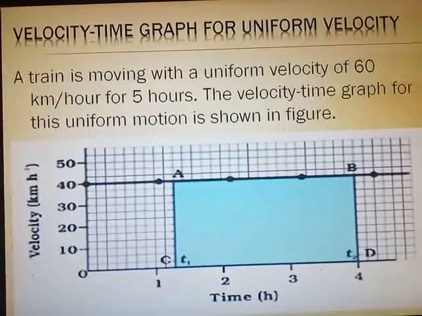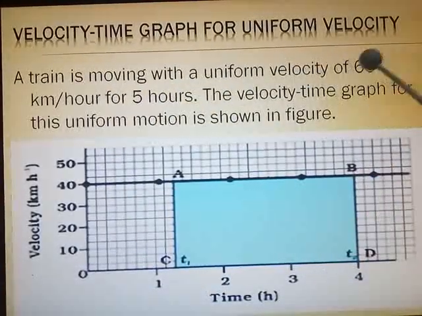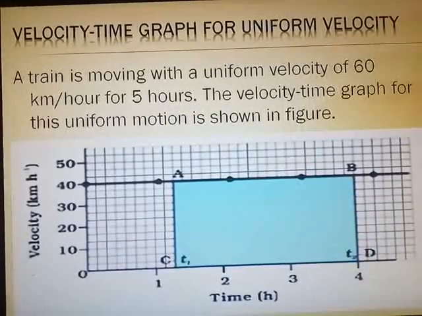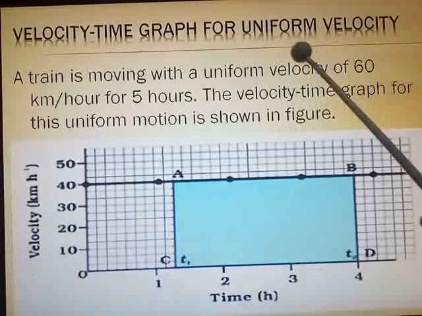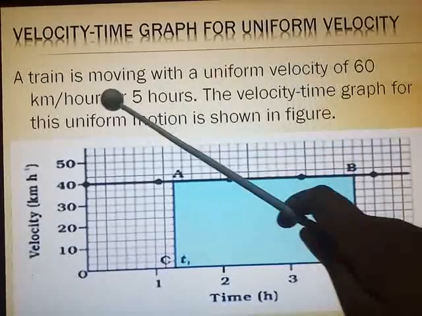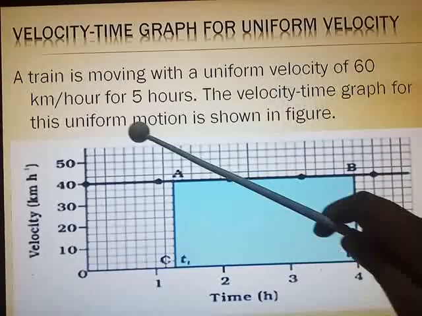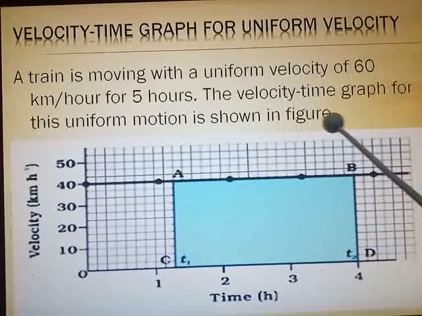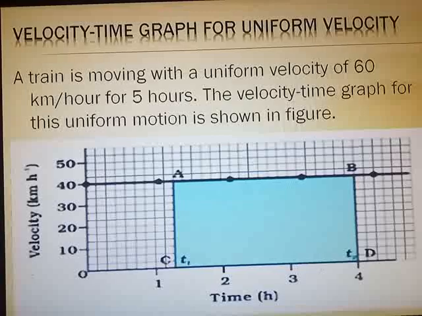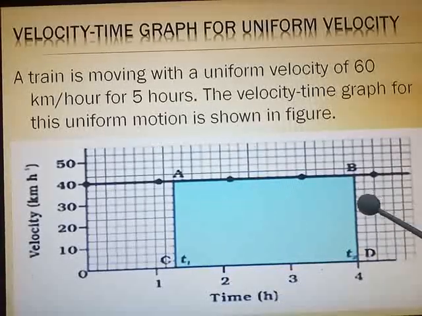A train is moving with a uniform velocity of 60 km per hour for 5 hours. The velocity time graph for this uniform motion is shown in the given figure. Now with the help of this graph, you are going to answer certain questions.